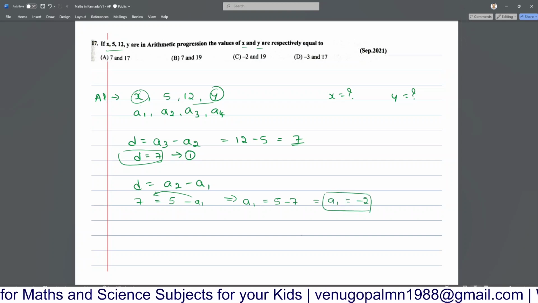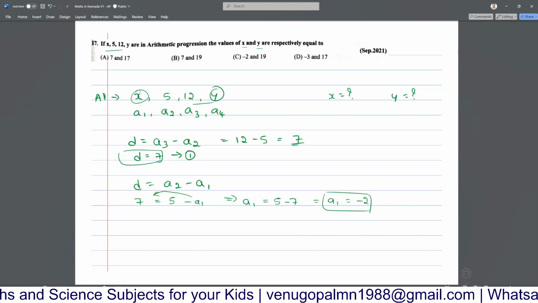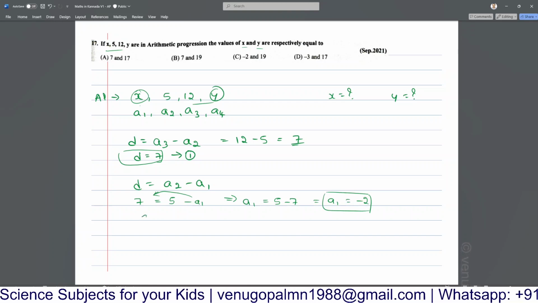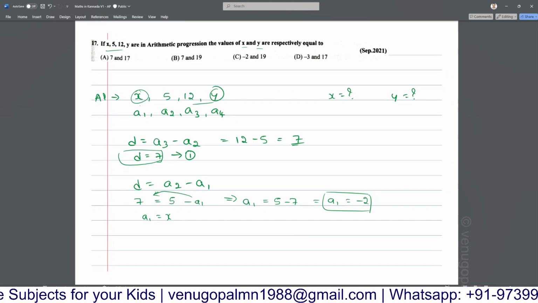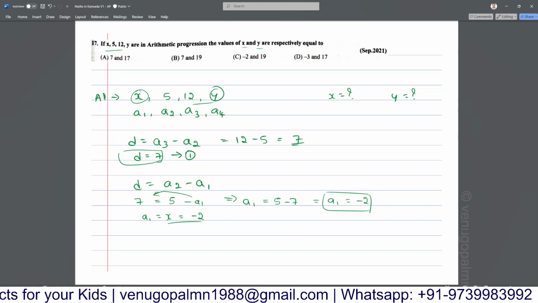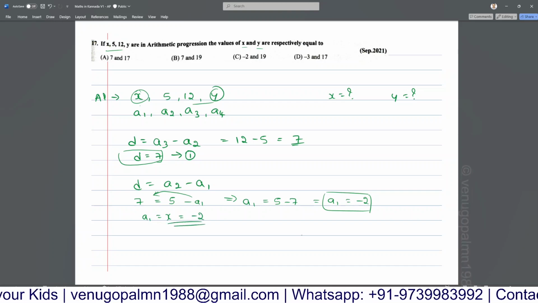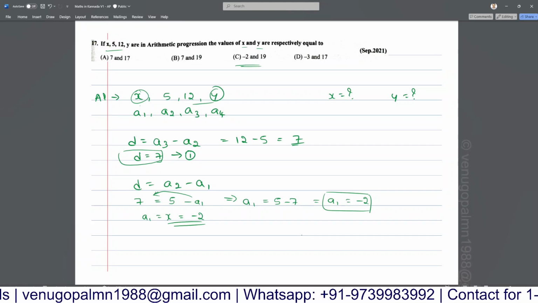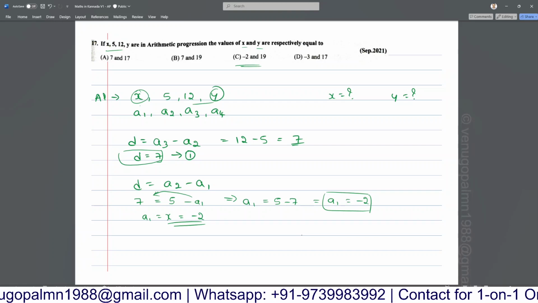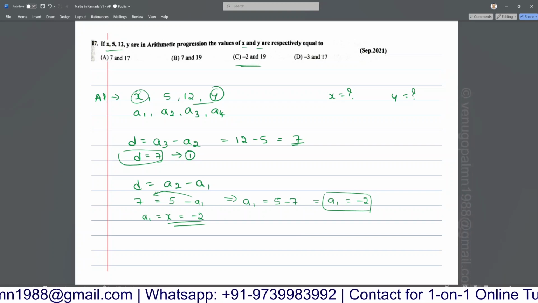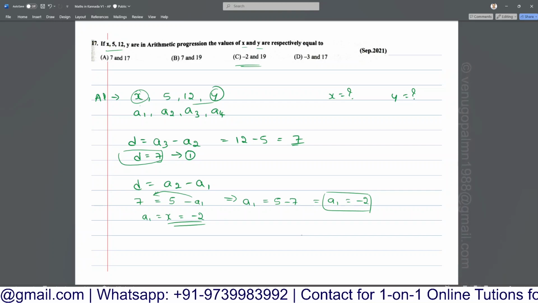Got it, guys? a1 is equal to minus 2, which is equal to x. We found out the value of x. So it looks like this is the only option which has x value as minus 2. Let us also find out the value of y, so that we can be 100% sure.